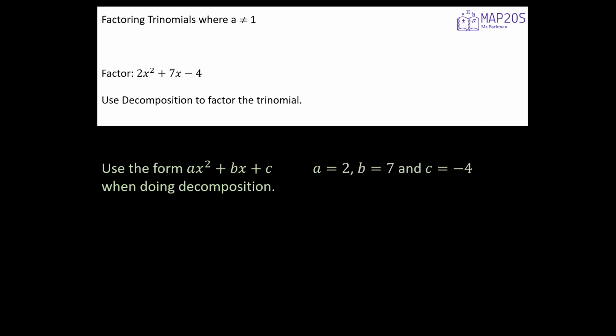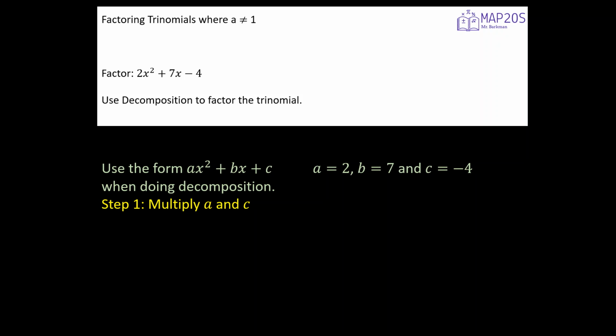So I have them here. A in this case is 2, b is 7, and c is -4. These three are values that can be used in order to solve using decomposition. All right, step 1 here is to multiply a and c together.